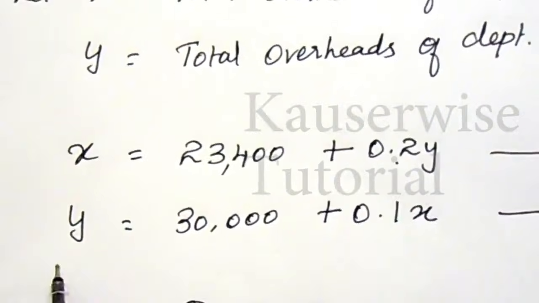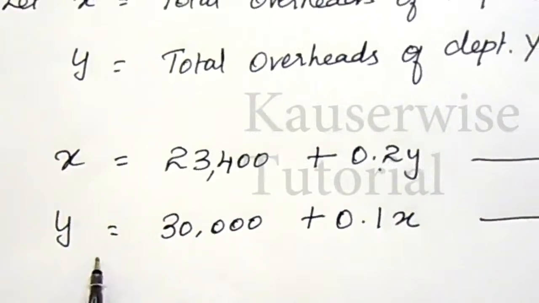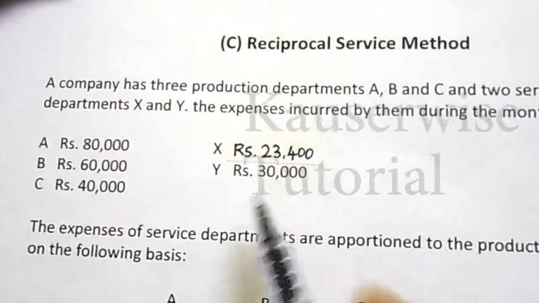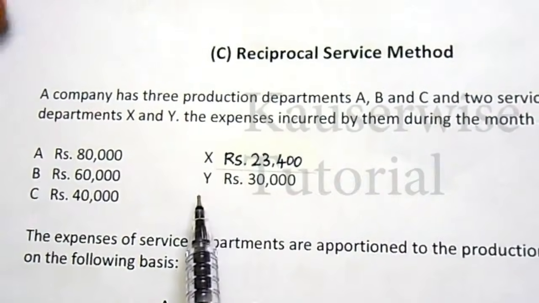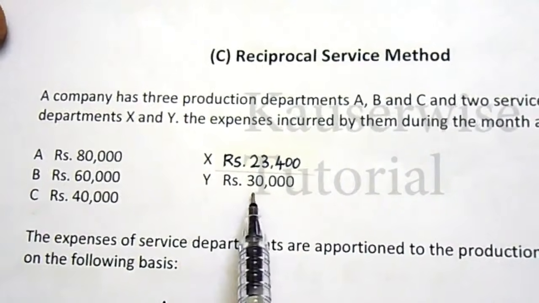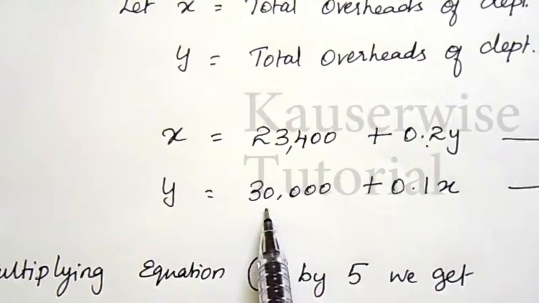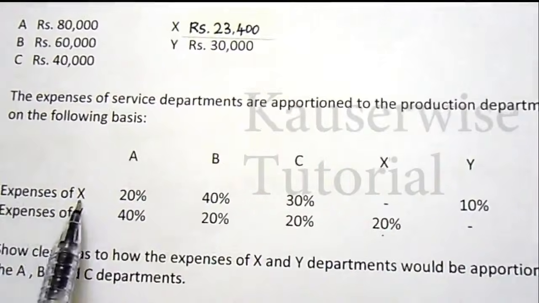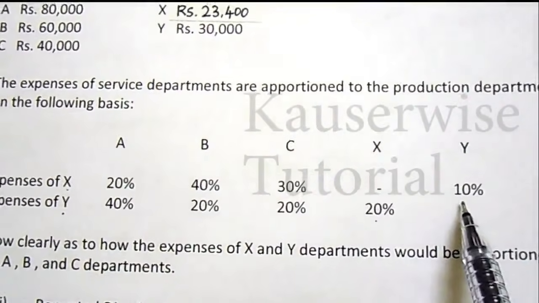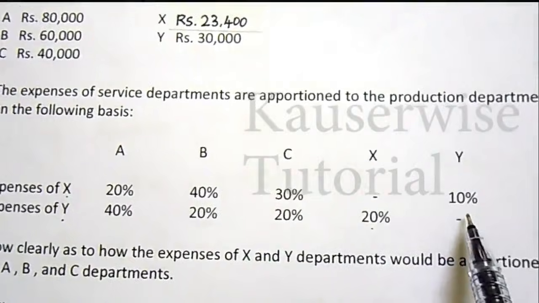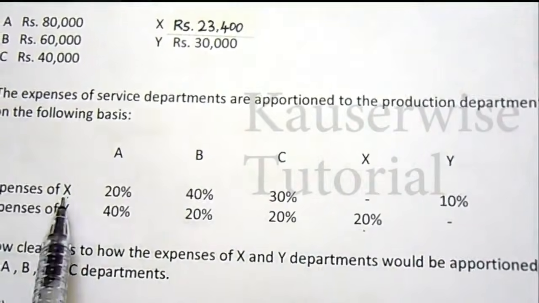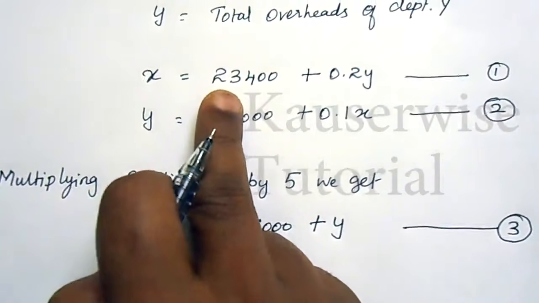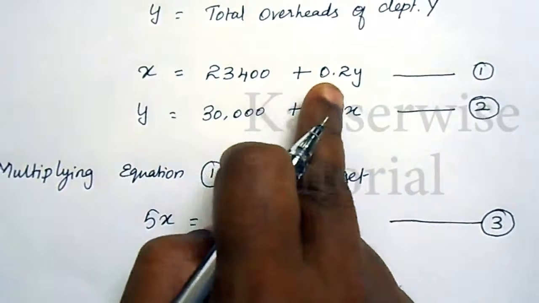In the same way, for the second equation, y is equal to 30,000 plus 0.1x. See, as per the primary distribution, department Y total cost is 30,000, plus 0.1x. That is the expenses of X, how much? 10%. 10 by 100 is equal to 0.1x.